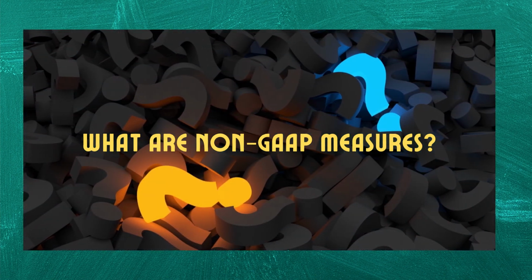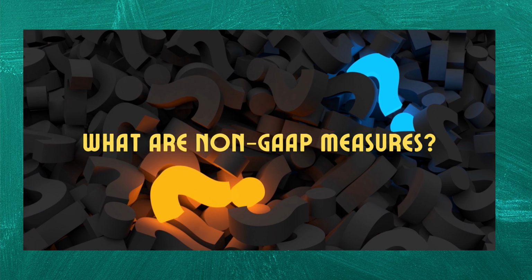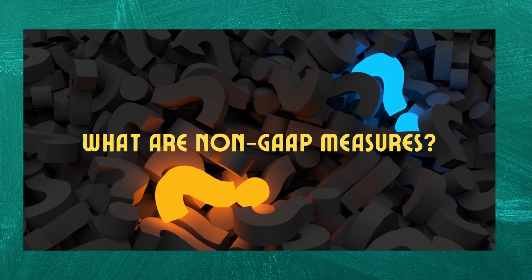Now, what are non-GAAP measures? Companies are still allowed to present certain figures without abiding by GAAP guidelines, provided that they clearly identify those figures as not conforming to GAAP. Companies sometimes do so when they believe that the GAAP rules are not flexible enough to capture certain nuances about their operations.